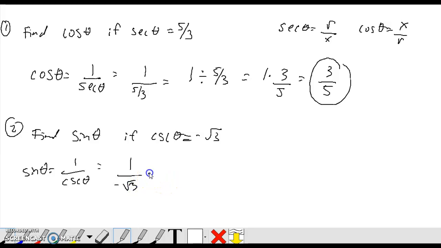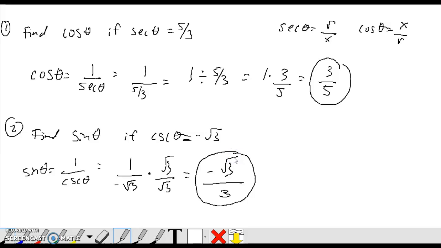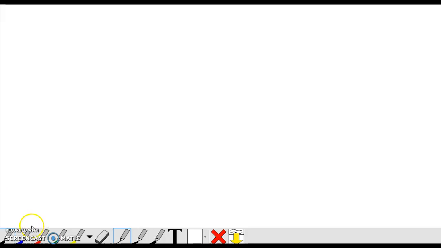Remember, we always want to rationalize our denominator. So negative root 3 over 3. That's another way we can find this and solve it. If not, by all means, you can use your Pythagorean theorem and find the x and the y's and things like that.